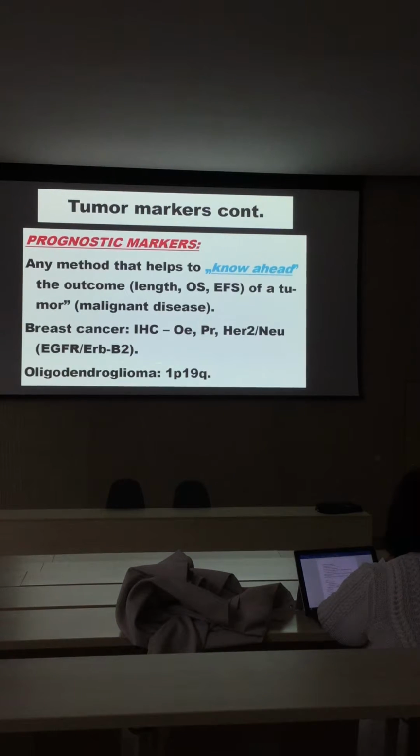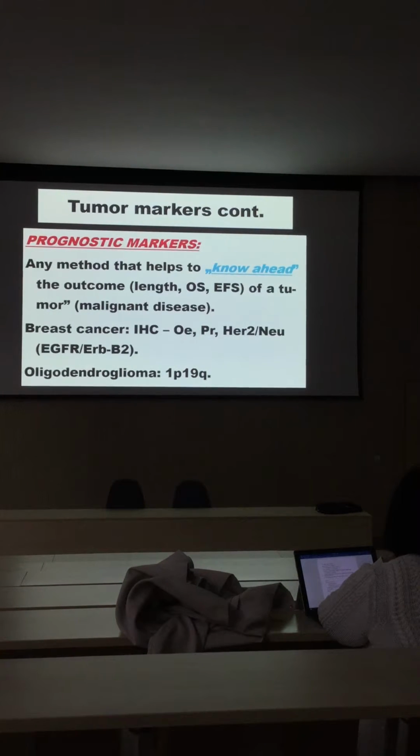The same thing holds true for an oligodendroglioma, in the case of which the co-deletion of chromosome 1's short arm and chromosome 19's long arm, 1p19q co-deletion, is not only diagnostic, so much so that as we speak, nobody can write down the official diagnosis of an oligodendroglioma unless there is a co-deletion of 1p and 19q.